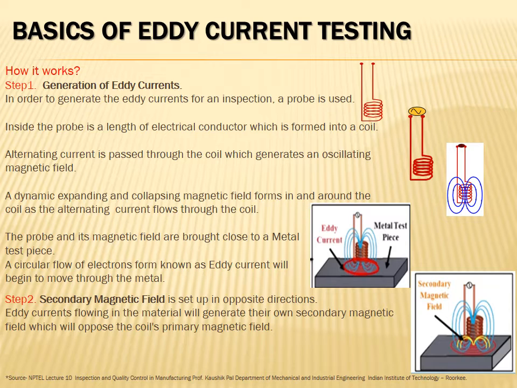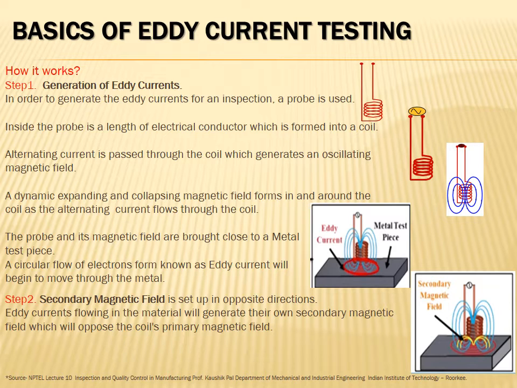In the second image, an alternating current is passed through the coil, which generates an oscillating magnetic field, as you see in the third image. A dynamic, expanding and collapsing magnetic field forms around the coil as the alternating current flows through it.